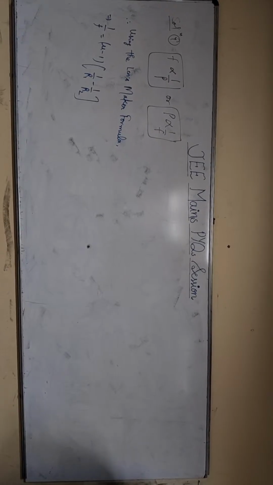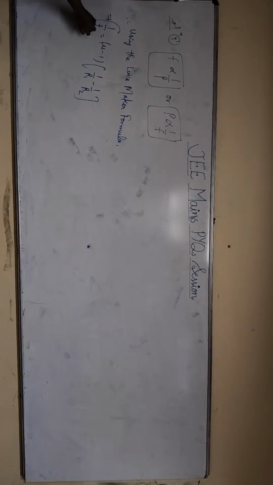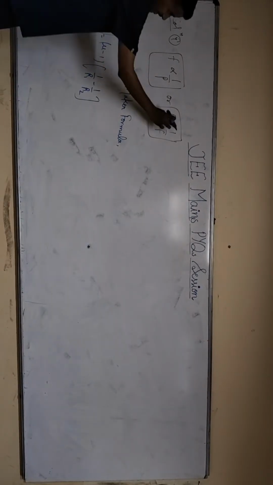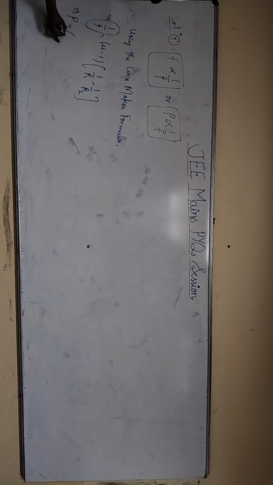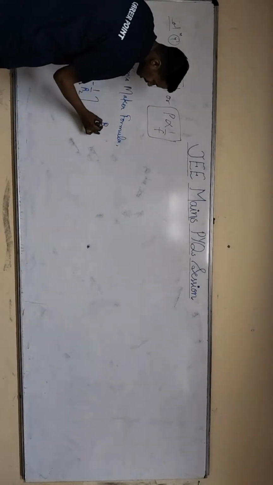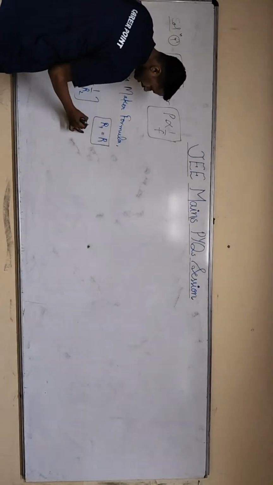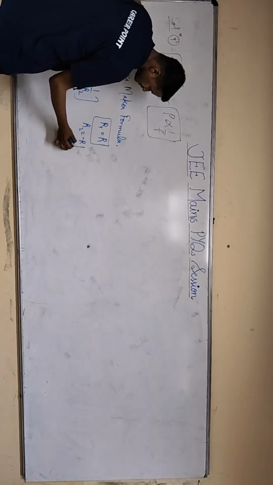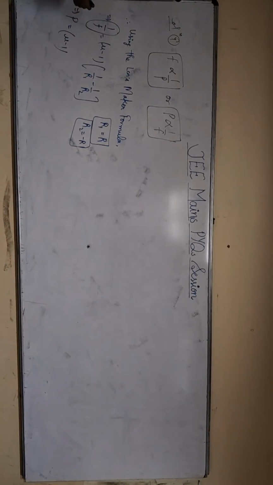First of all, you know very well that 1 upon f is nothing but the power P. So we can substitute P here, P is equal to mu minus 1. And one more thing, R1 is simply R, and R2 is nothing but minus R. I hope this is clear to you.